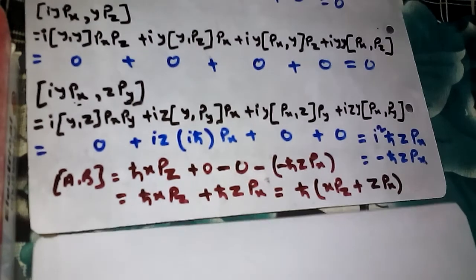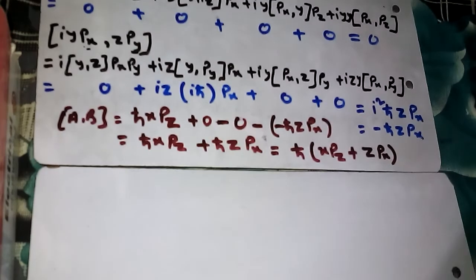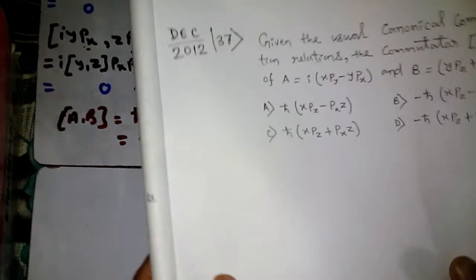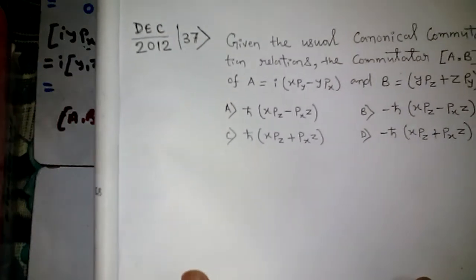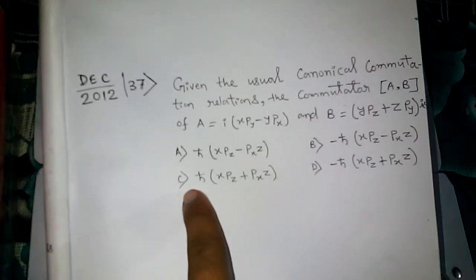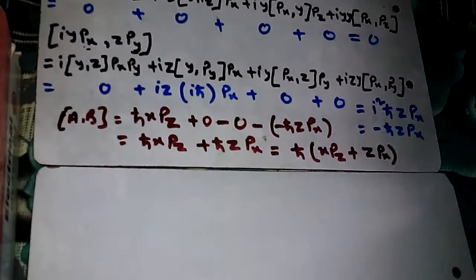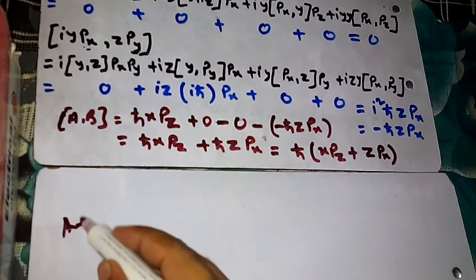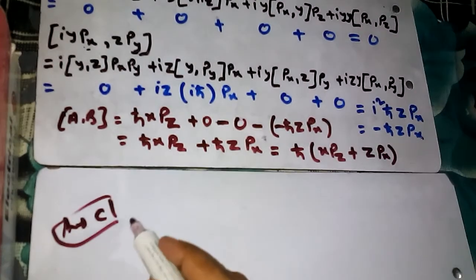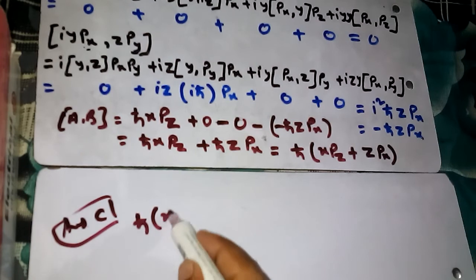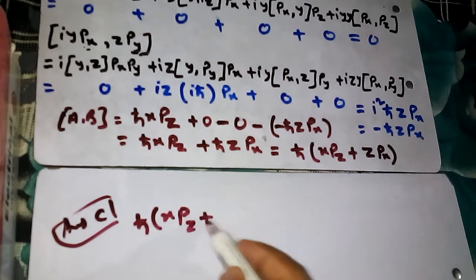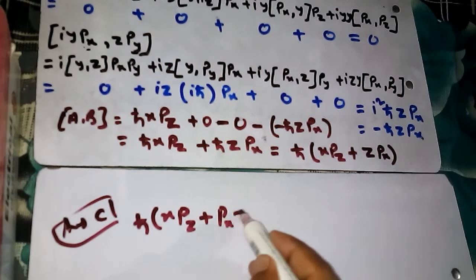Now one thing, our answer is actually C. Given that the answer is C, that is h cut (x pz plus pxz).